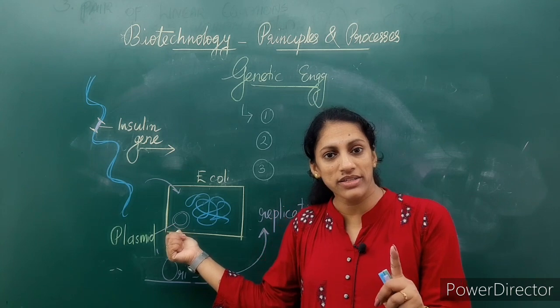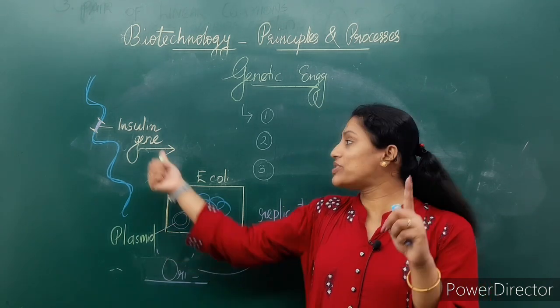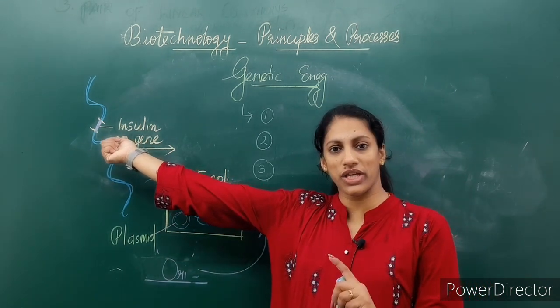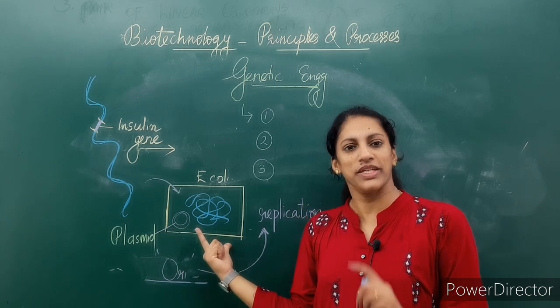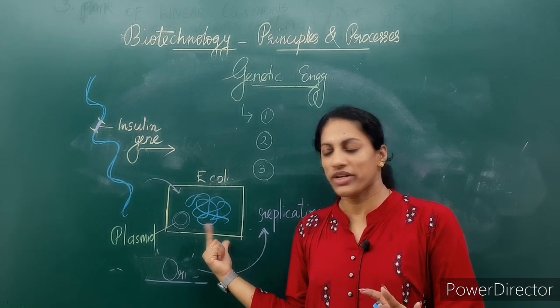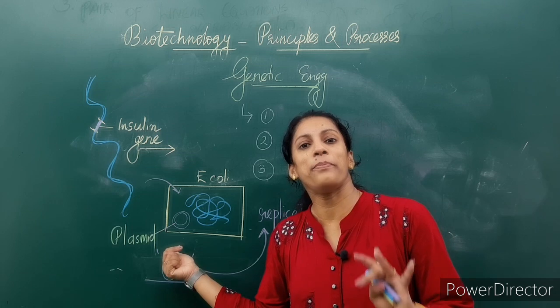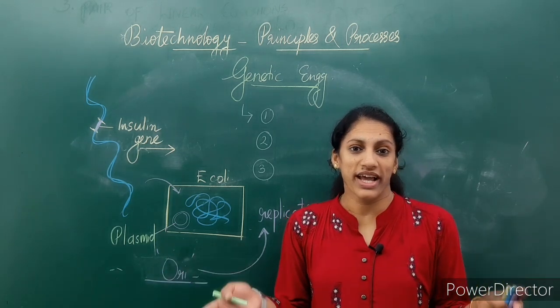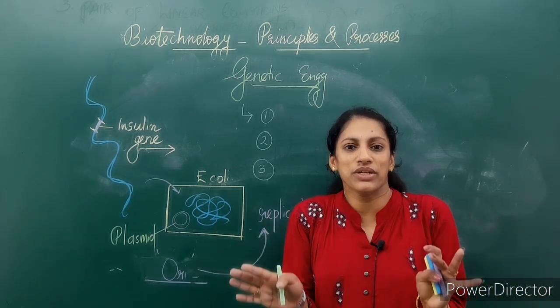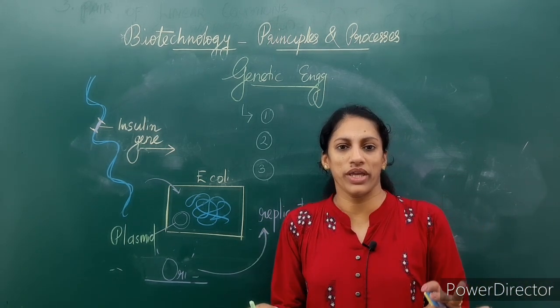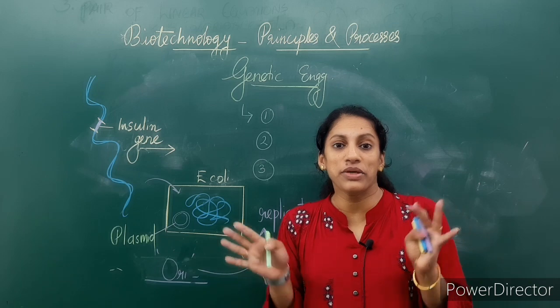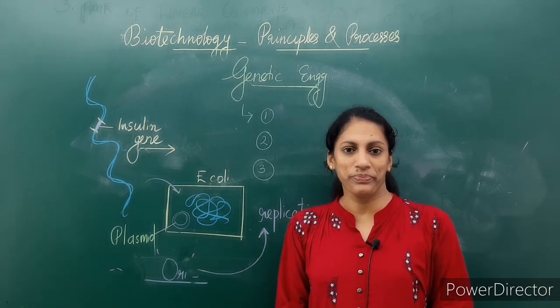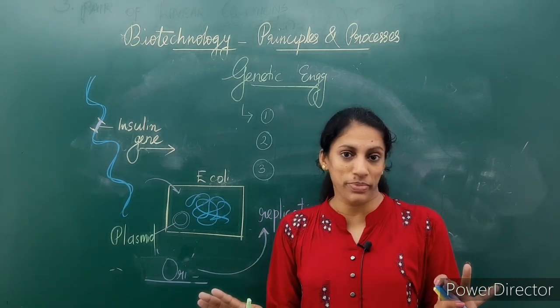In order to multiply a gene of interest, here the insulin gene, in this bacterium, what is enough? Incorporate it with the plasmid. That is enough. For that there is another procedure we normally follow, which we will discuss one by one.